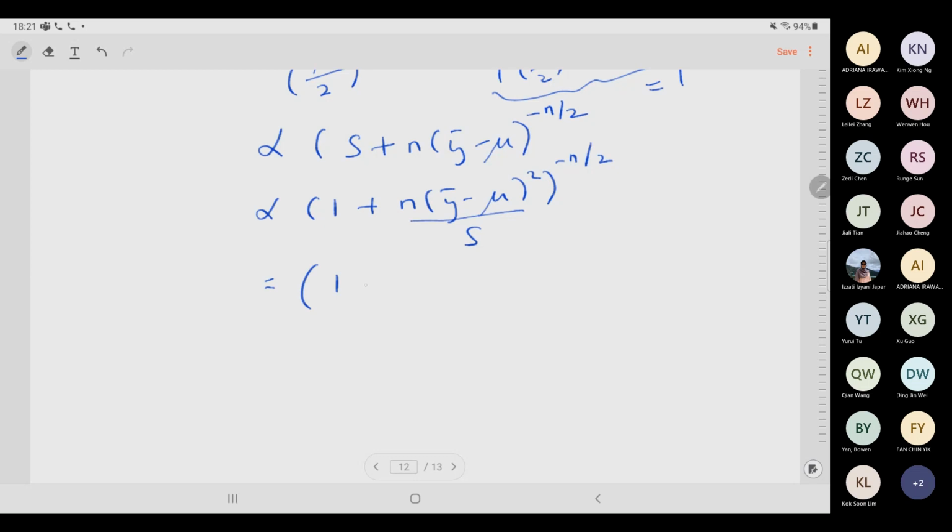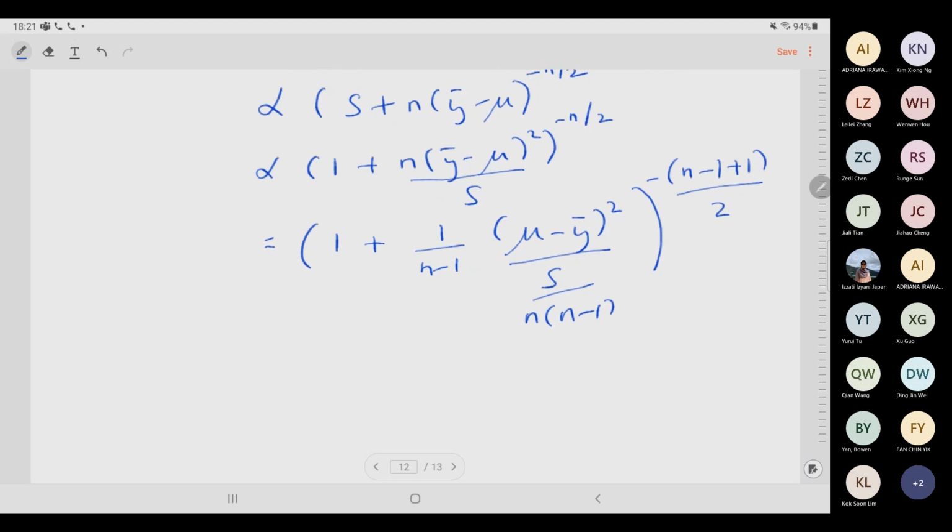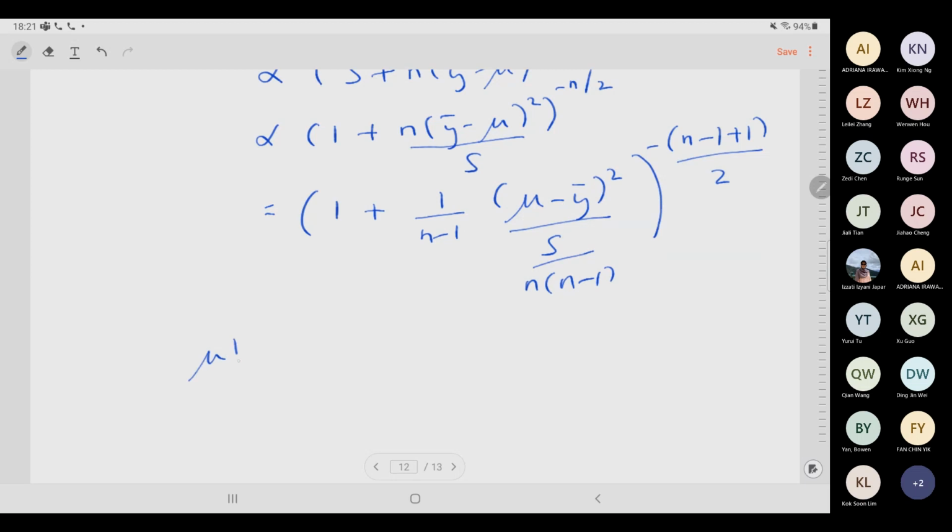If we rearrange it like this, mu minus y bar squared divided by S over n minus 1, plus 1, to the power of minus n over 2, then this is actually a non-central T distribution with n minus 1 degrees of freedom.